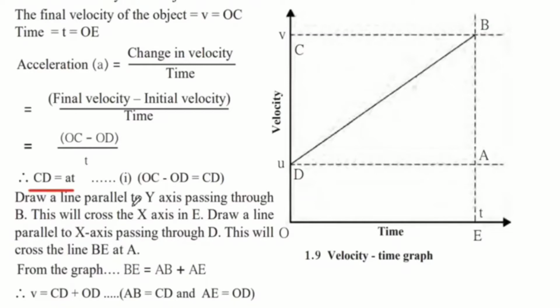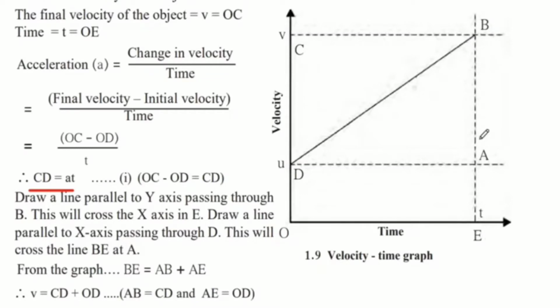Draw a line parallel to the y-axis passing through B. This line crosses the x-axis at point E. When you draw a line parallel to the x-axis passing through D, this line intersects the line BE at point A. If we see carefully, BE is equal to BA plus AE.